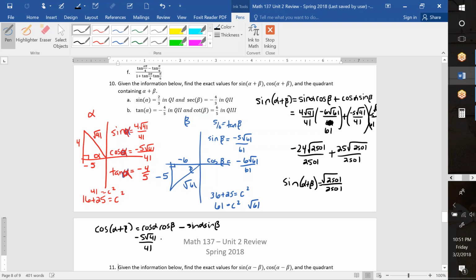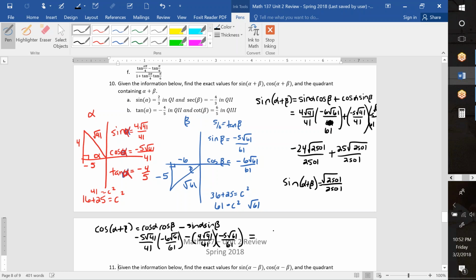Cosine of beta is negative 6 square root of 61 over 61. Minus sine of alpha is 4 square root of 41 over 41. And sine of beta is negative 5 square root of 61 over 61.